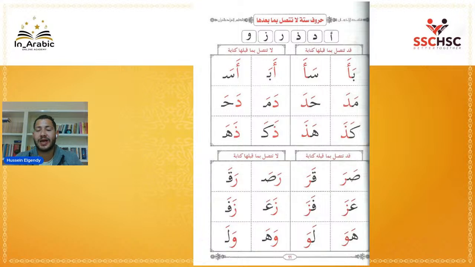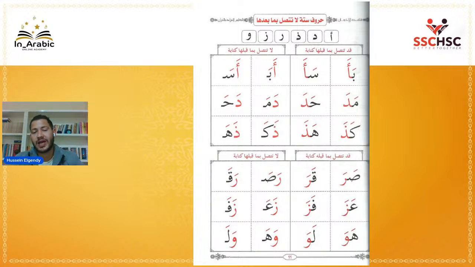Ma da, so meme connected to dal, then ha da. Then the same dal with the same letter meme, which was connected because dal was the second letter in the word, when changed to da ma, with dal at the beginning, dal cannot be connected to meme. It cannot be connected to any letter when it's the first letter in the word.